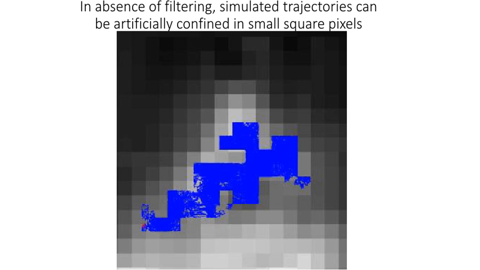So this is an example where we didn't choose the step delta t correctly. And so what happened is that the trajectory starts to fill the entire square of the grid.